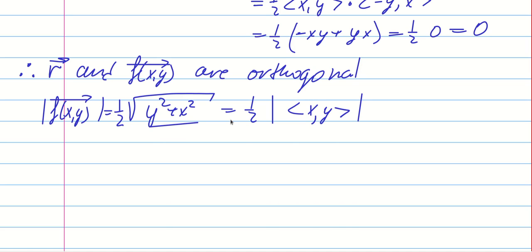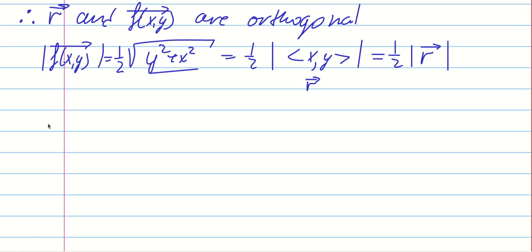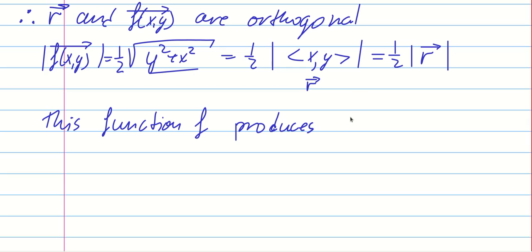And this is our vector r actually here, so we can think of it as 1/2 magnitude of r. So that means that this function f produces tangent vectors to radius vectors.